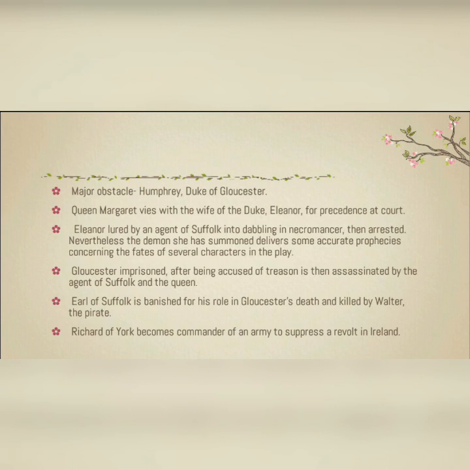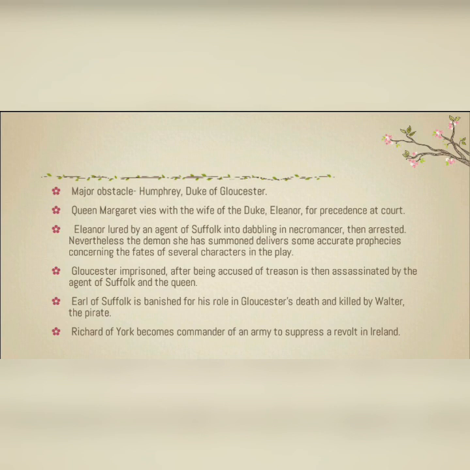Eleanor is lured by an agent of Suffolk into dabbling in necromancy and then arrested to the embarrassment of her husband Gloucester. Nevertheless, the demon she has summoned delivers some accurate prophecies concerning the fates of several characters in the play.